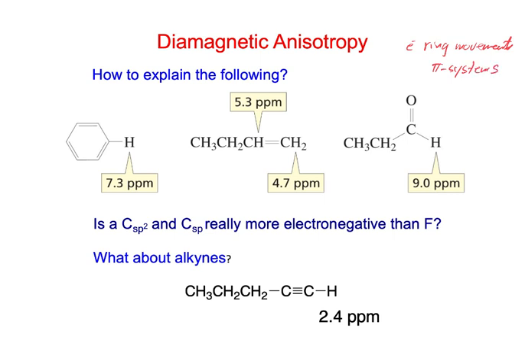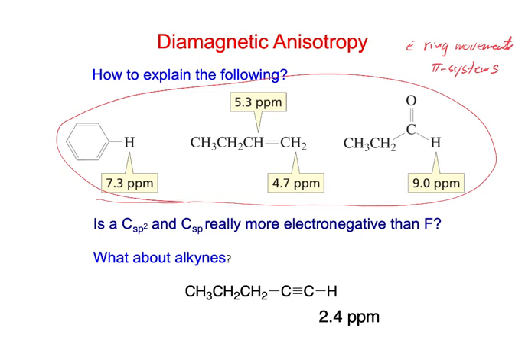We know something different is taking place because all of these signals that are drawn out are on carbons that are sp2 hybridized. sp2 hybridized carbons are more electronegative than sp3, but not so electronegative as a fluorine that it would move it this far downfield. So that doesn't really fit.